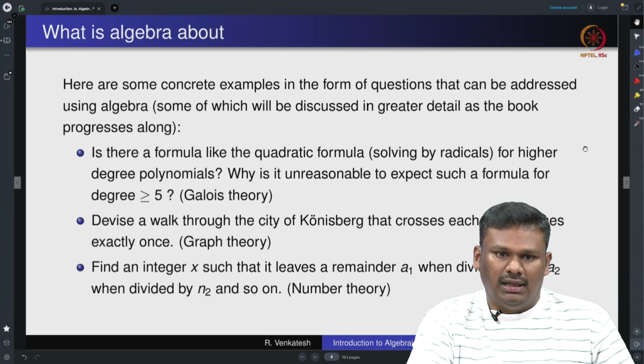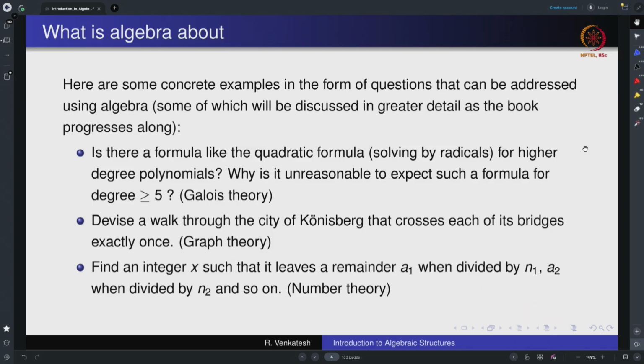And here is another question about numbers. We want to find an integer x such that it leaves a remainder a1 when divided by n1 and leaves remainder a2 when divided by n2 and so on. Such questions will be addressed in the basic number theory chapter.